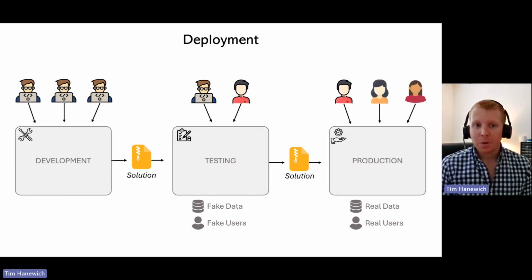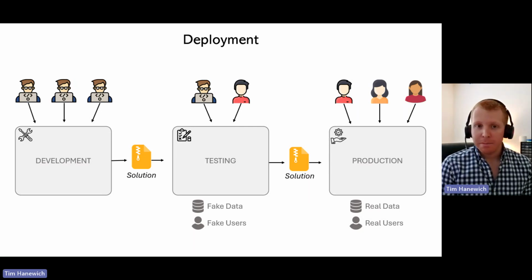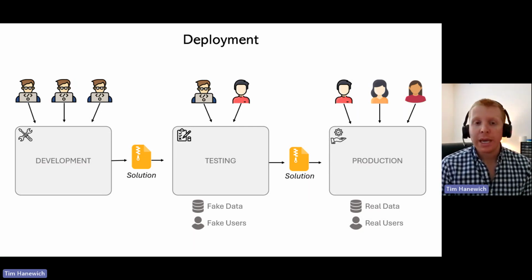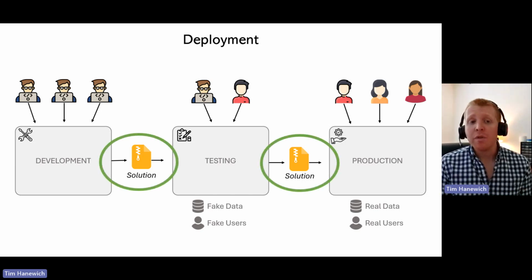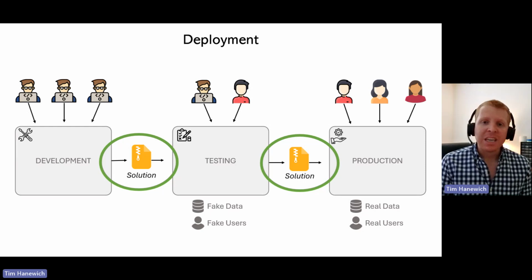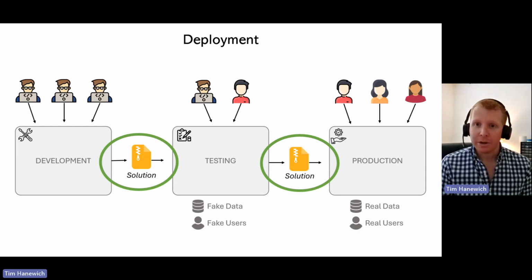Now, this is the typical way that we see that development, build, test, deploy type operation happening in ALM in our Power Platform. And today's topic will actually be focused on this part of it, the actual migration and movement of solutions in between environments from development to testing to production.